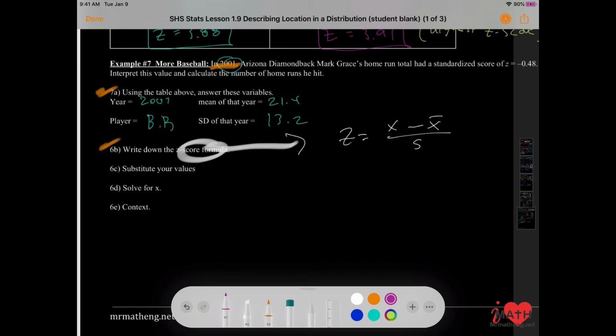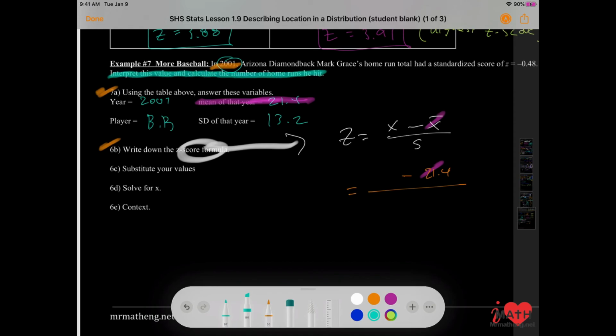We have the mean, 21.4. So I'm going to write 21.4 there. We're trying to interpret this value and calculate the number of home runs he actually hit.